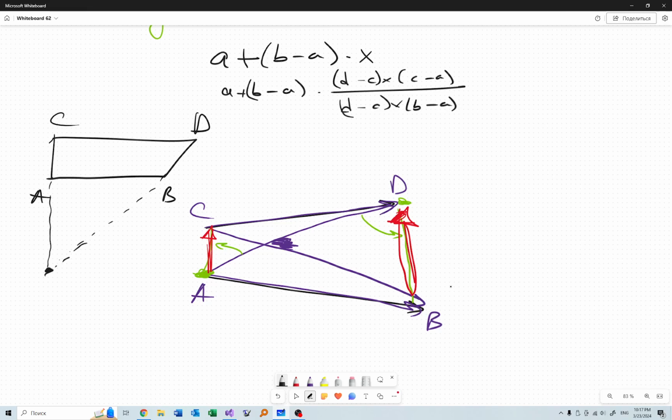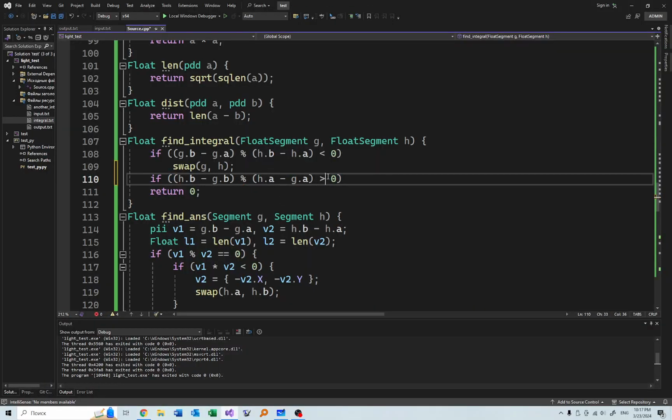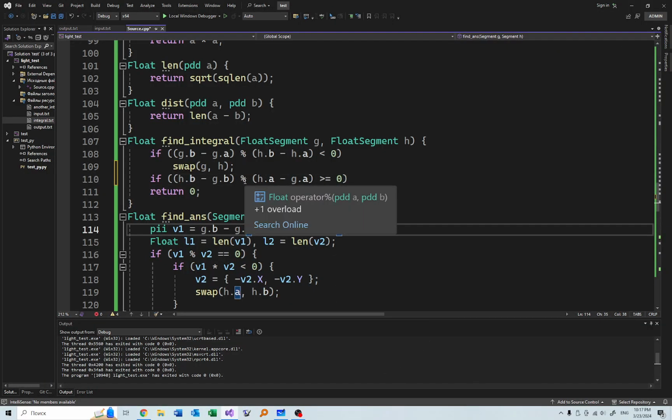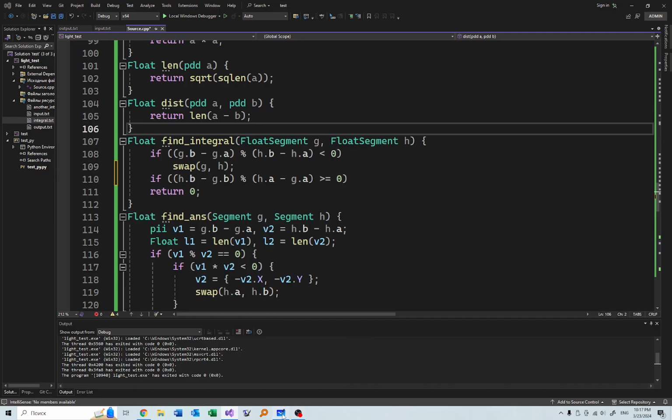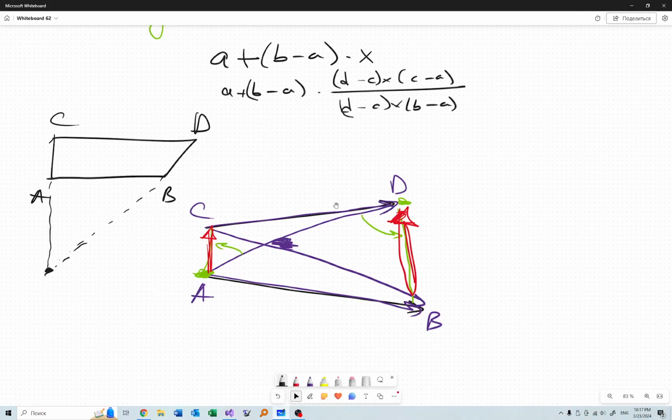Also, there is a case when it is 0. In this case, we also want to take the right one. So let's write like this. Okay, so it is at least 0.